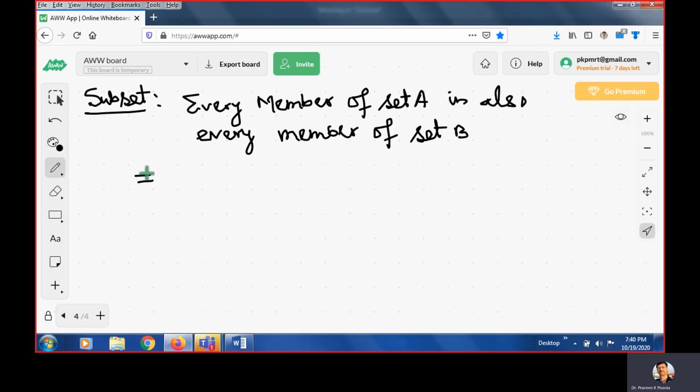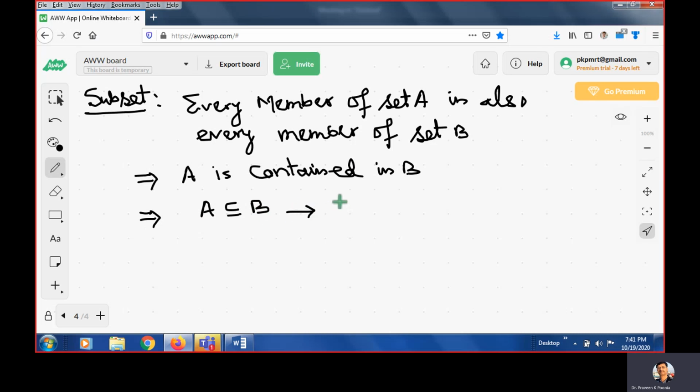What is the meaning of this? I can say in another form that A is contained in B. A is contained in B means A is a subset of B. How do we read it?